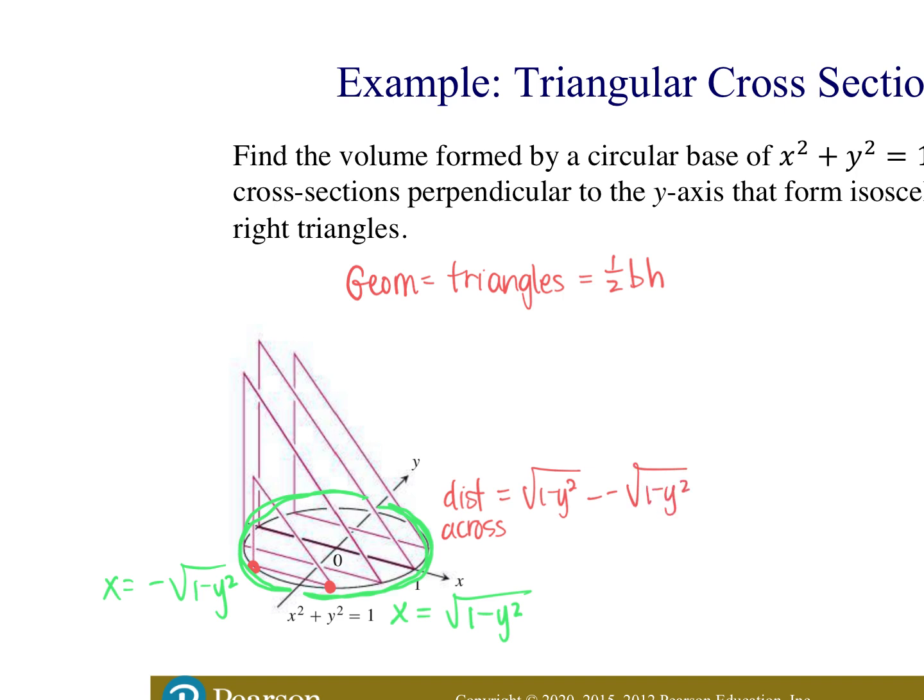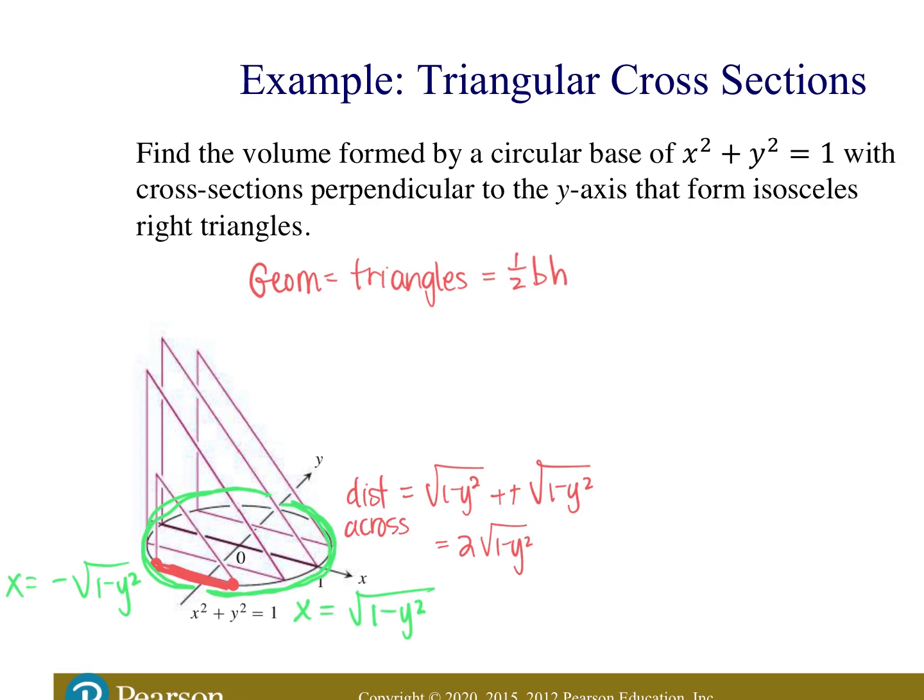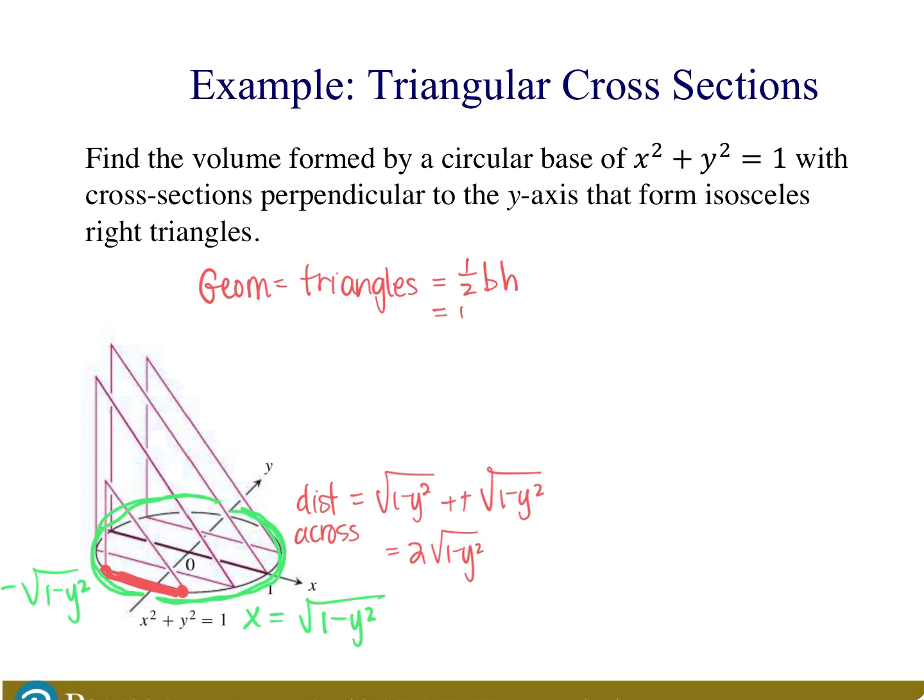So I've got a double negative, which means I have 2 times the square root of 1 minus y squared. That is the distance across. And the distance across is called the base of the triangle. All right, so now I know what my base is from side to side. So if I'm creating my geometry, 1/2, the base is 2 root 1 minus y squared. That's the base.